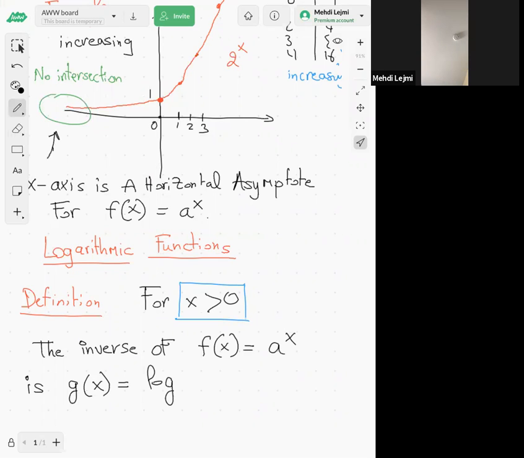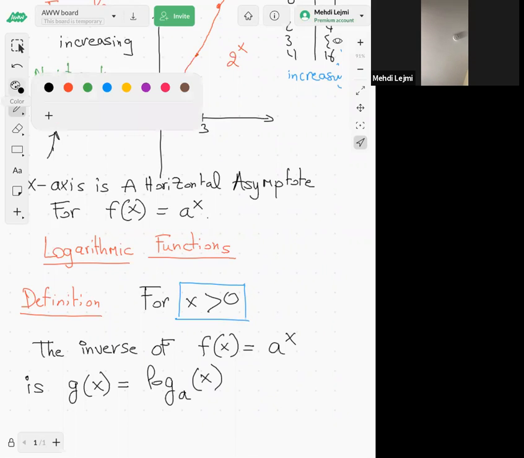So this is the definition of log, right? The log is defined as the inverse of the exponential. So this is log in base a of x. All right. And again, you need this x here to be positive. Okay, so this x has to be positive.